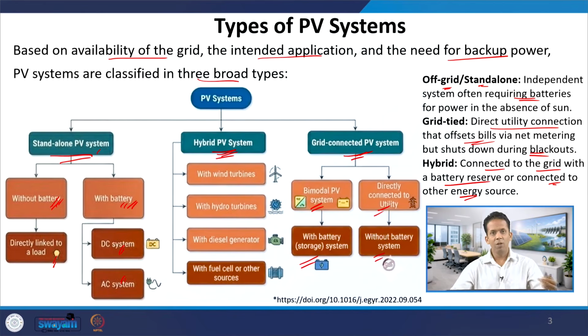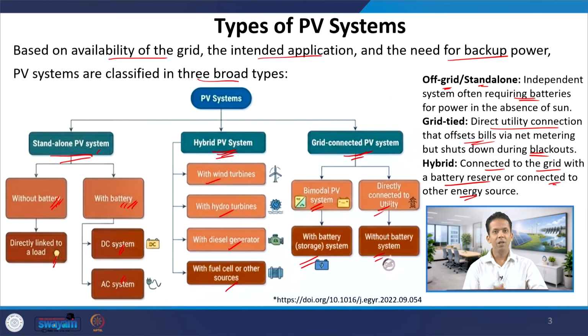And as you can see in the picture, this shows where solar PV is connected with some other renewable or non-renewable source of energy. For example, it can be connected with wind turbines or hydro turbines, a diesel generator or a fuel cell or other sources. So two different sources integrated together to provide power. So those are called hybrid PV systems.